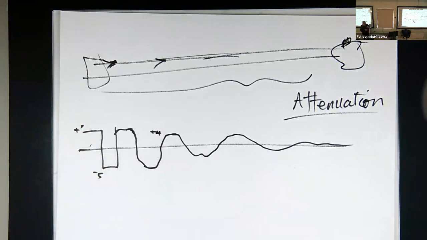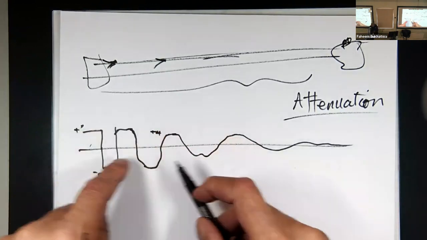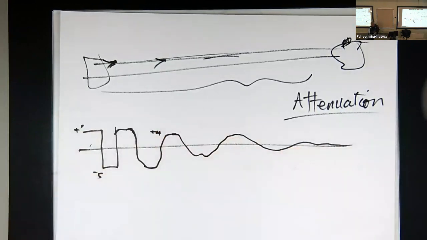So if I was a receiver, waiting and sensing the voltage, I'm no longer getting plus 5 and minus 5. I'm getting plus 1 and minus 1, maybe, or even less. Maybe plus 1 and minus 1, I still recognize it as 1 and 0. But it gets to a point where, this is what we mean by attenuation.